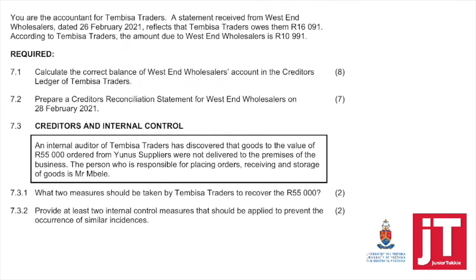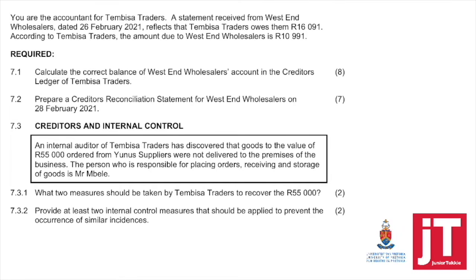So looking at the question, what makes creditors recon difficult is understanding who is who. So make sure before you start the activity that you know exactly who is our creditor. From who did we receive the statement? Otherwise, you're going to make mistakes in correcting the errors that were found.